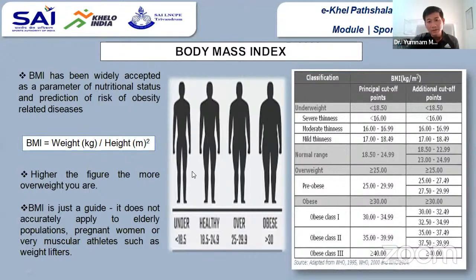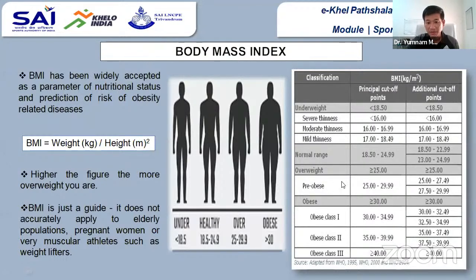According to WHO, World Health Organization 2000-2004, these are some of the normal ranges given here. You can see here the normal range is 18.5 to 24.9. If your BMI is within this range, you are in the normal range. If it is less than 18.5, you are underweight. If it is less, there is severe thinness, moderate thinness, and mild thinness.